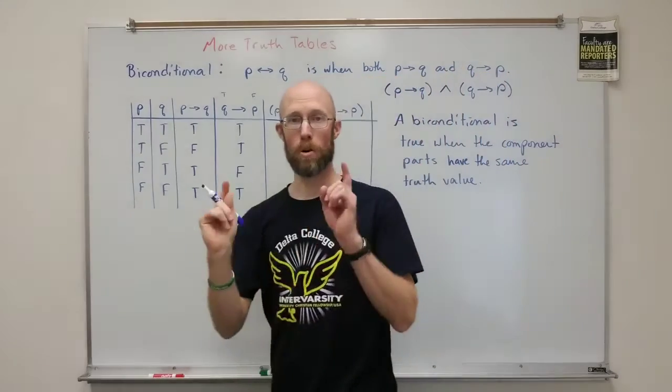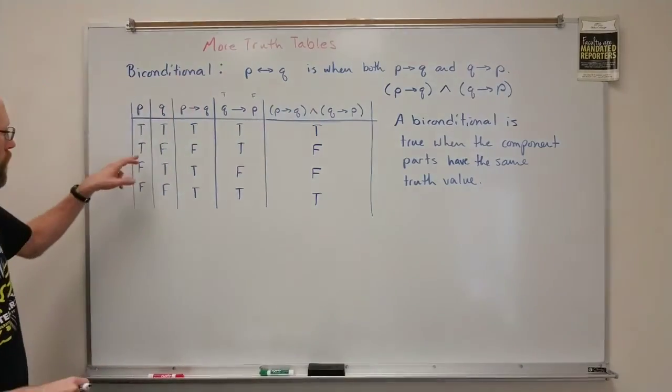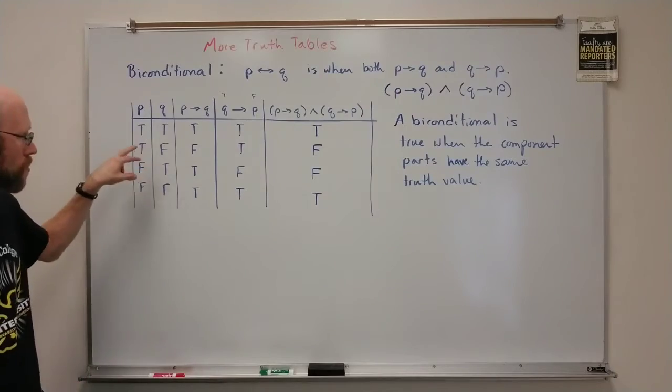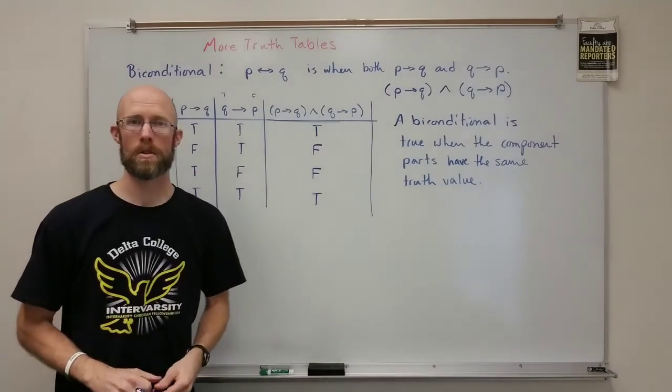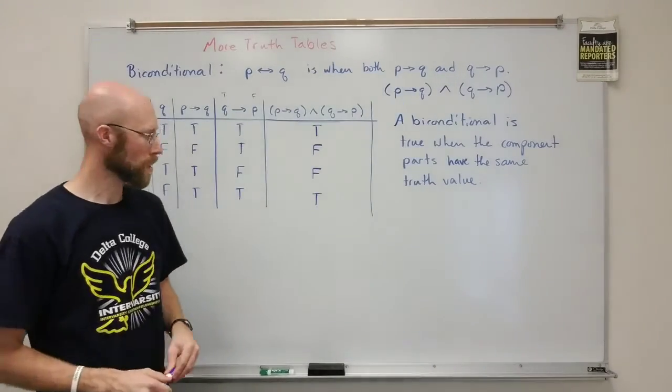That means they're either both true or they're both false. If you have a true and a false or a false and a true, you get false for biconditional statements.